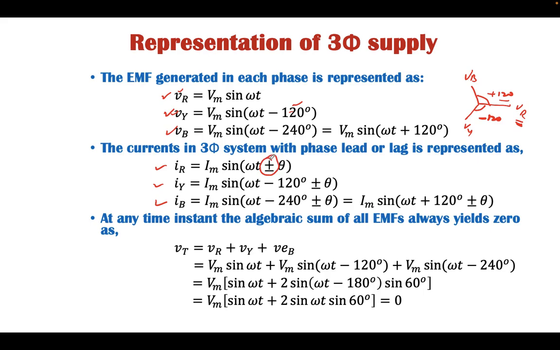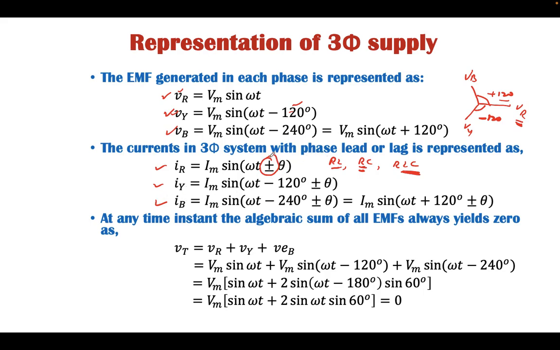Plus or minus here means your load can be RL, RC or RLC, depending upon the dominance of L or C. In case of an RL circuit, theta will be minus, whereas in case of an RC circuit, theta will be plus, because in an RL circuit current will lag the voltage by an angle of theta. In case of an RC circuit, current will lead the voltage by an angle of theta.